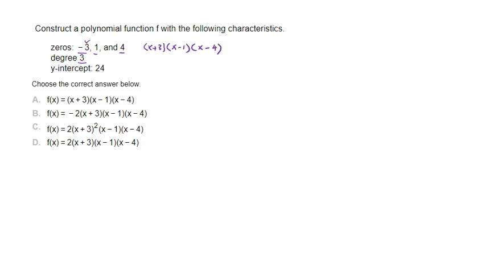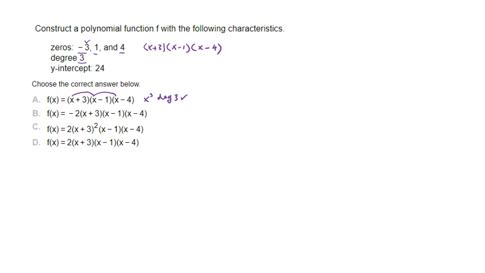Now, if you look at the choices that we have, so choice A, we have x plus 3, x minus 1, x minus 4. Now, if we multiply this out, the largest degree is going to be x times x times x. So we're going to have one of the terms being x cubed. So this one has degree 3.